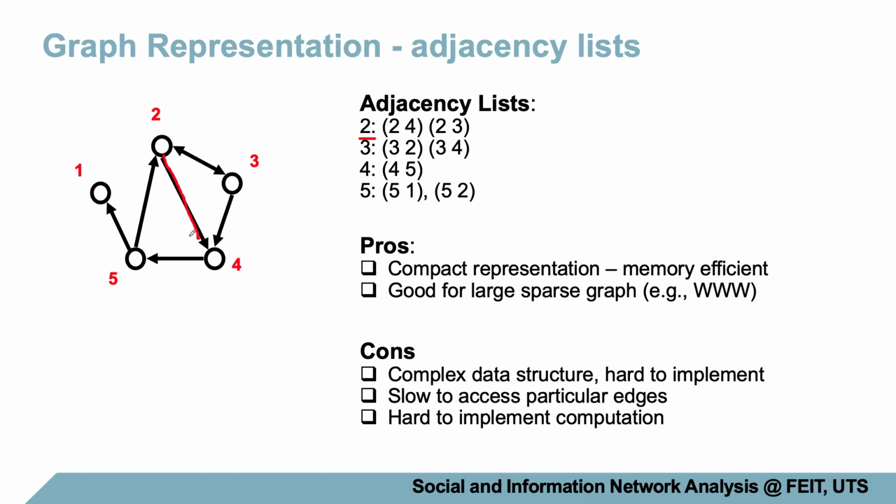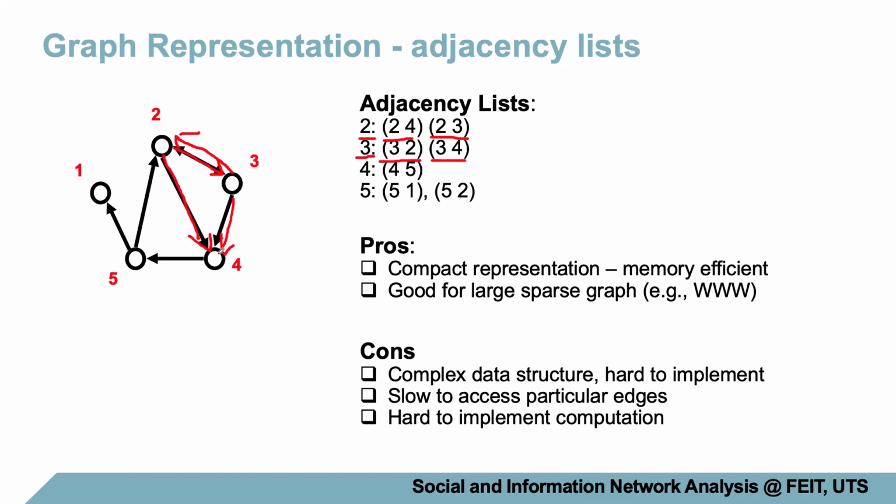You will see why. So for vertex 2, we have two outgoing edges, 2 to 4 and 2 to 3. Then we record these edges for vertex 2. Then for vertex 3, there is an edge from 3 to 2, so we put one edge here, and then 3 to 4. Then we put the edges here.